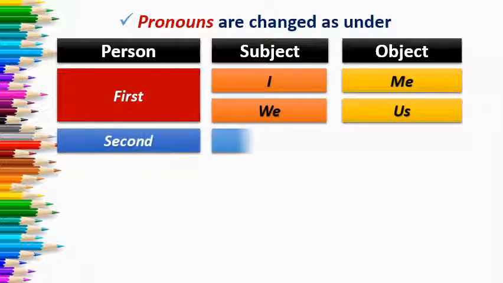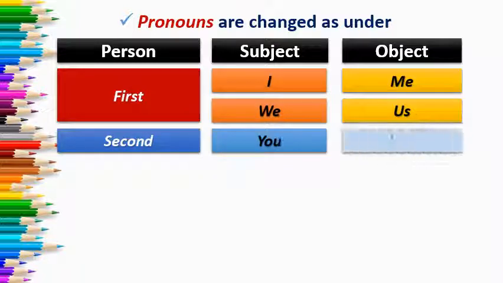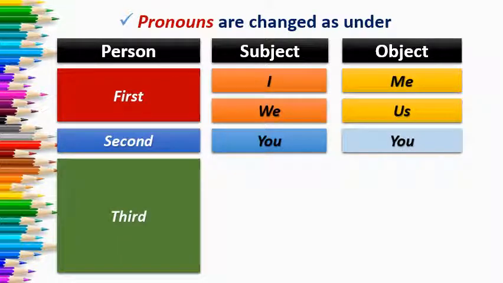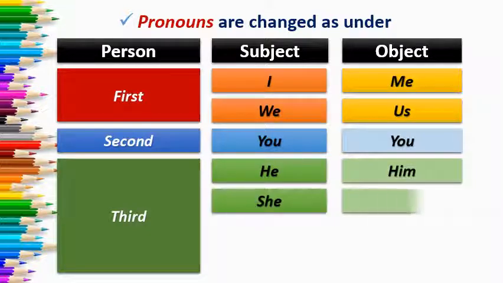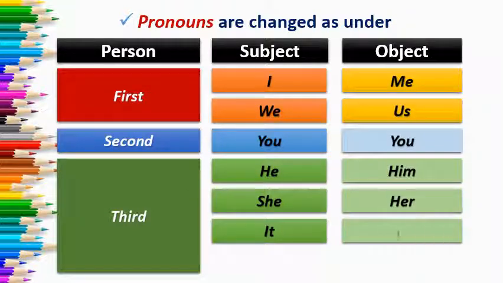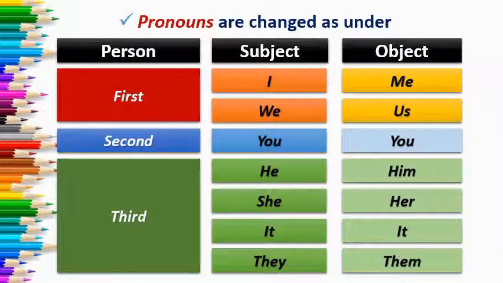The second person, that is you, will remain the same, that is you. It will not convert into something else. The third persons are: he will convert into him, she will convert into her, it will remain the same, it, and the last one, they will convert into them.